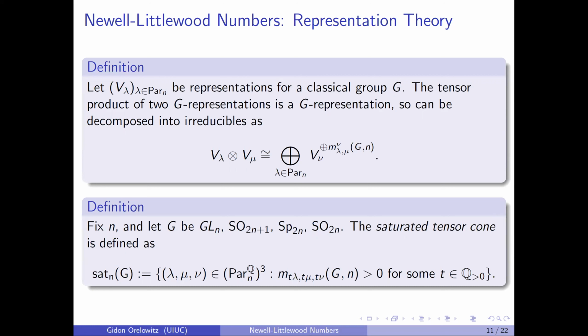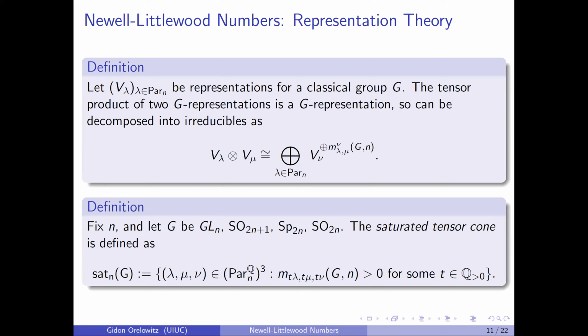Obviously, these representations are going to be different for each of the 4 groups that we talked about. So these multiplicities are going to be different than just the Littlewood-Richardson coefficients. But there's certain things we can say about them.